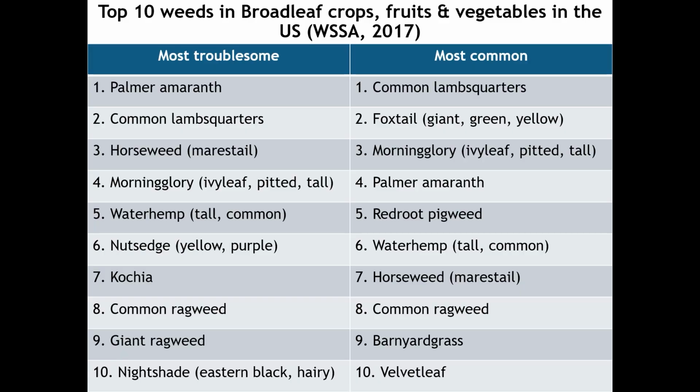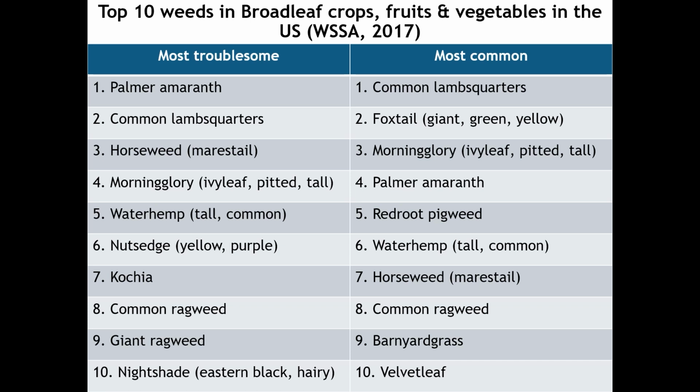In the year 2017, the Weed Science Society of America compiled a list of the top 10 weeds in broadleaf crops, fruits, and vegetables in the United States. On the left, you see the most troublesome ones, and on the right, you see the most common ones. If you pay attention to the most troublesome ones, other than Kochia, we have almost all the other species.